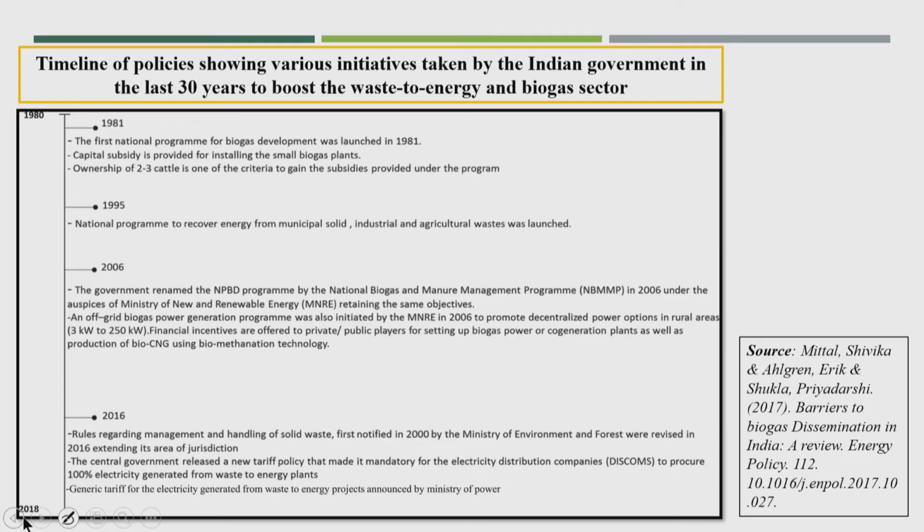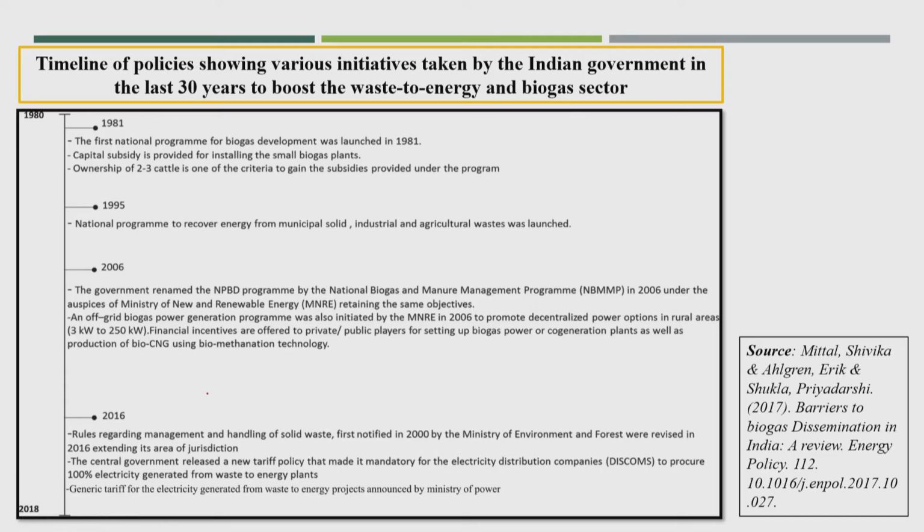In 2006, to promote decentralized power stations in rural areas, like 3 kilowatt to 250 kilowatt, financial incentives were offered to private and public players for setting up biogas power or co-generation plants, as well as production of bio CNG using biomethanation technology. So, in that also a number of off-grid biogas power generation plants have been installed. Size was small, less than 250 kilowatt of power production.